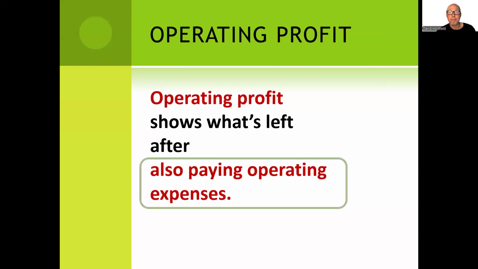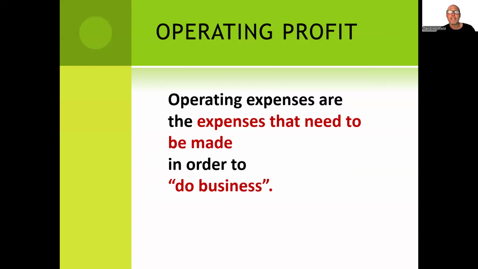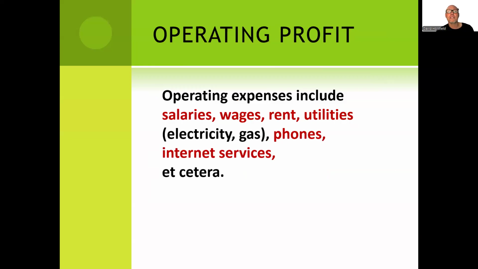Well, what are operating expenses? Operating expenses are the expenses that need to be made in a business in order to do business. If we weren't doing business, we wouldn't have operating expenses. There are a lot of them.